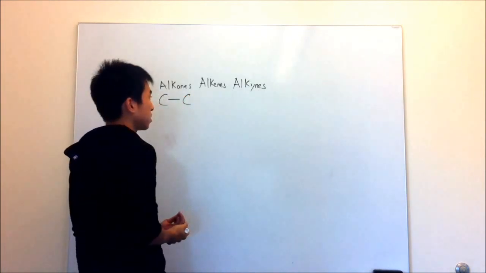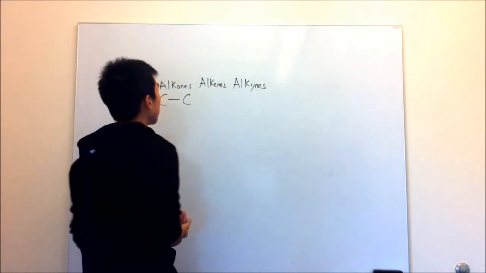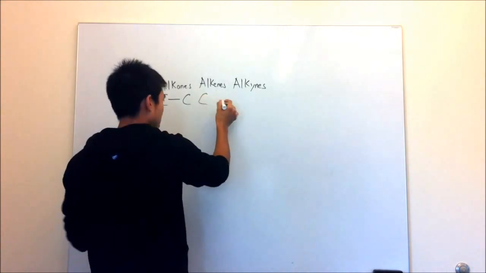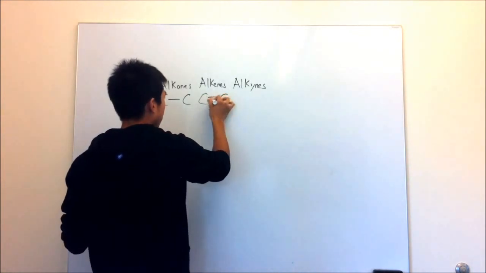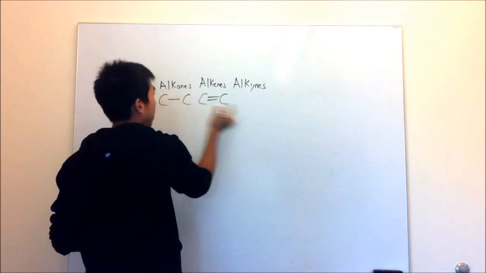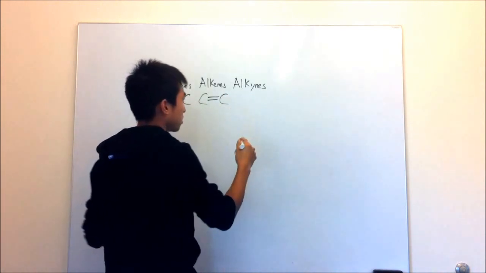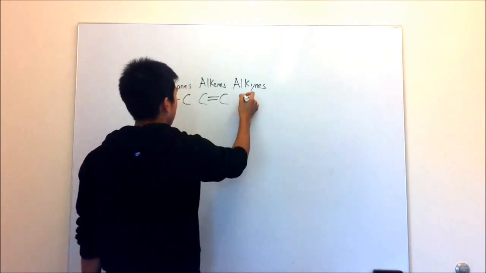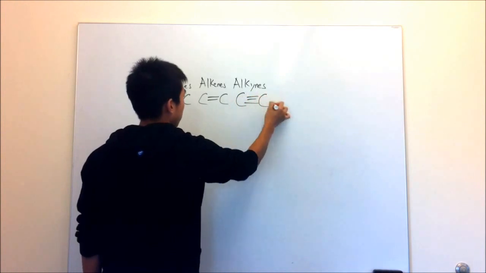Alkenes are one step more complicated: they're still carbons bonded to carbons, but now you have a double bond. And alkynes are the next step more complicated: carbons triple bonded to each other.